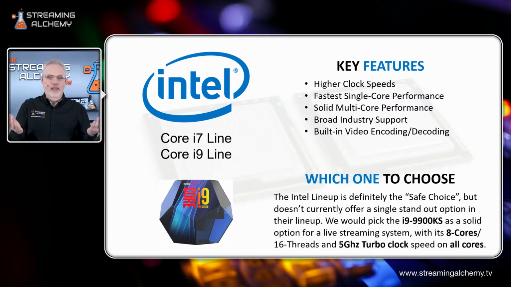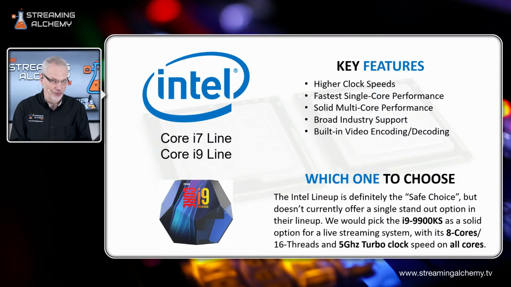So if I were to look across the Intel line and try to pick a sweet spot, I don't think at this point in time that Intel has one thing which I'd say is their best dollar performance value. But if you're looking for a solid chip that can do high performance computing, it would probably be the i9 9900KS.